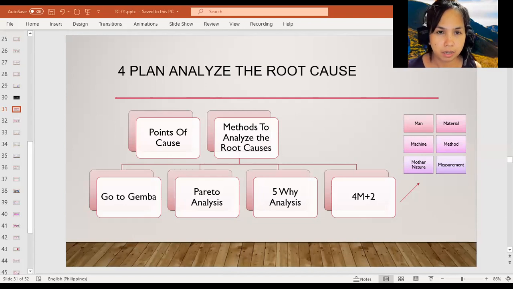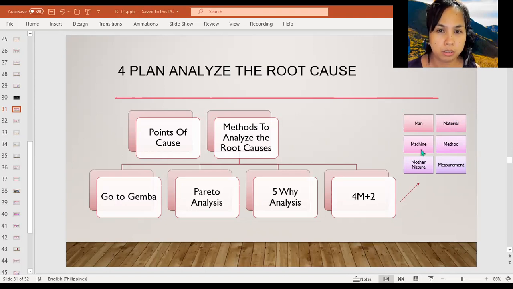And then the second M, it stands for material, where the potential root causes associated with things like dimensional issues and overall material quality. So these things are investigated also. And then the third M stands for machine.